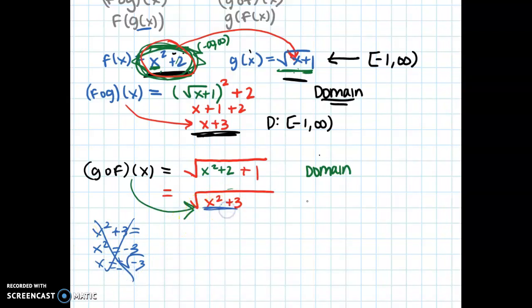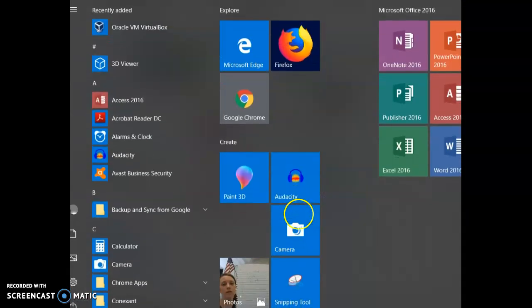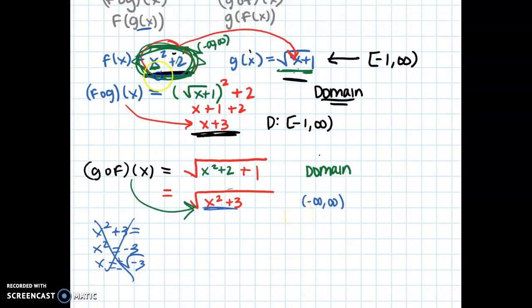So this domain is just going to be negative infinity to infinity, because my domain for my f of x, which is what I plugged into g, was negative infinity to infinity. And then when I went through and did some simplifying, I ended up not having any values that made a 0 under the radical. So it stayed negative infinity to infinity.